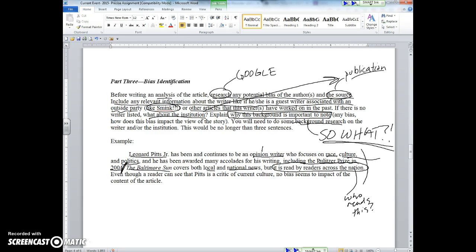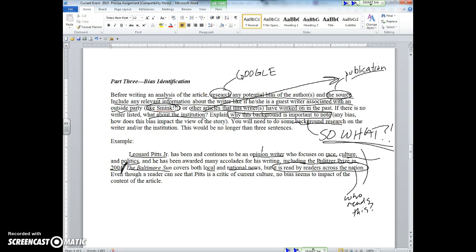That's not read by readers across the nation. That's a regional publication, and in fact, it's only urban Minnesota that reads it, and maybe the outskirts of Wisconsin. I grew up in northern Minnesota, and I didn't even hear of the Star Tribune until I moved to the cities when I was 18. So look up who the typical reader is, where the readership is.